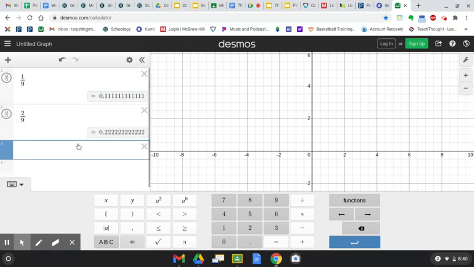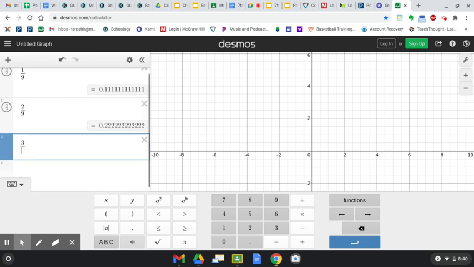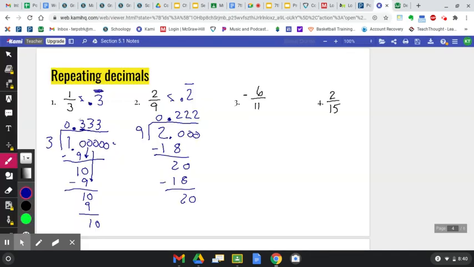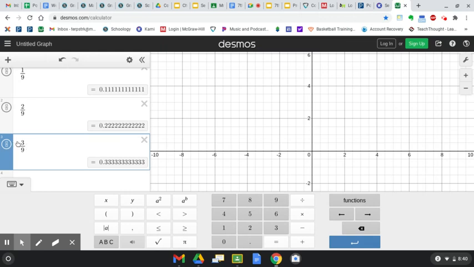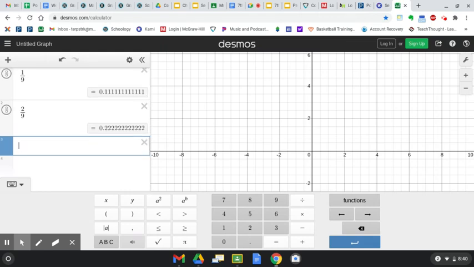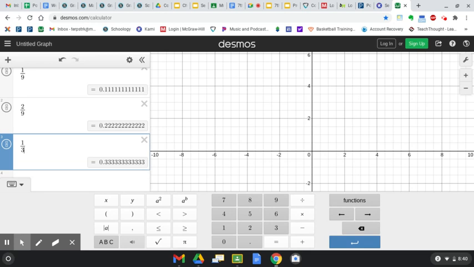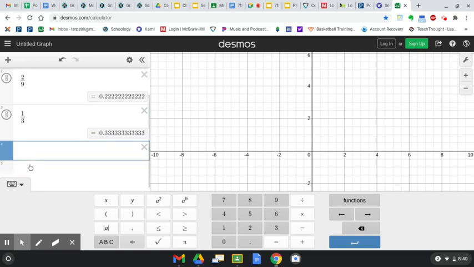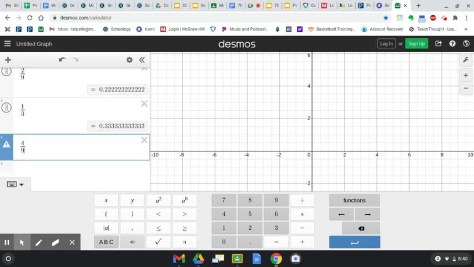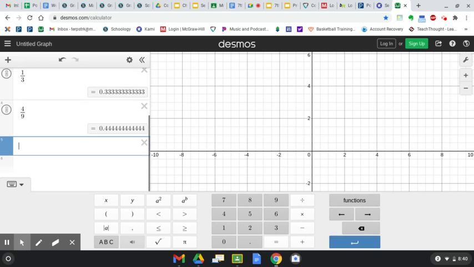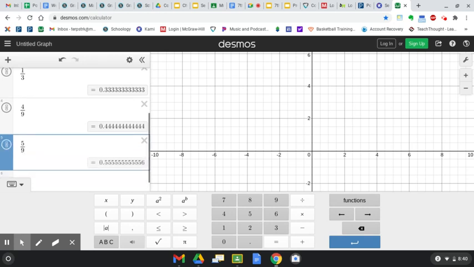Now 3 divided by 9 is 0.3 repeating, which should make sense because if I reduce 3/9, it's the same as 1/3. So you should be able to guess what 4 divided by 9 is: 0.4 repeating. 5 divided by 9 is 0.5 repeating.